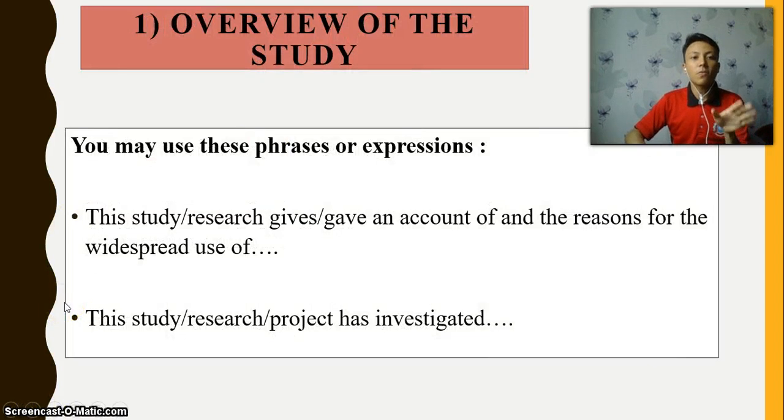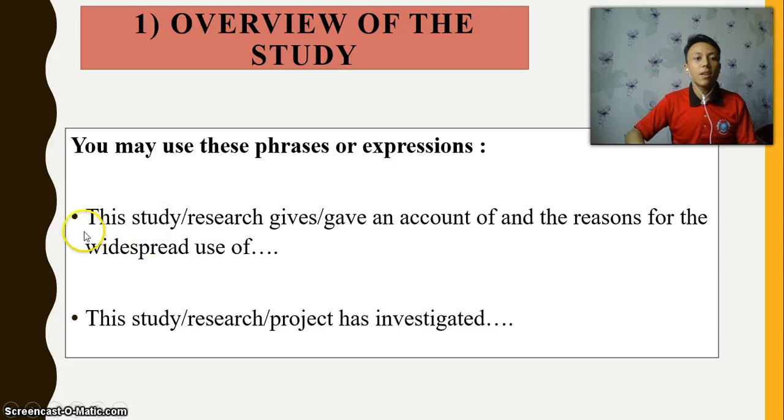Okay, the first one, overview of the study. We can use these phrases or expressions in our conclusion to make sure that our conclusion becomes more effective and clearer. Basically, an effective way to start your conclusion is by giving a brief summary of what the research is all about, that is, the why and how you conducted the study in a nutshell.